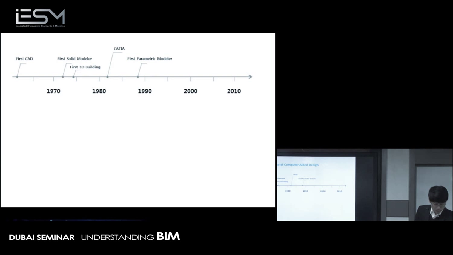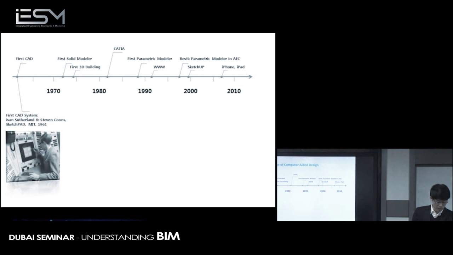Then the parametric modeler and the World Wide Web were introduced, and one of the industry-leading BIM authoring software, Revit, was introduced. SketchUp was released to the public, and smart devices, iPhone and iPad, were released in the middle of the 2000s.